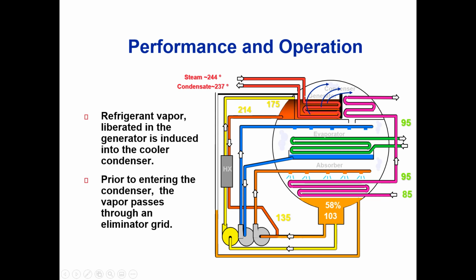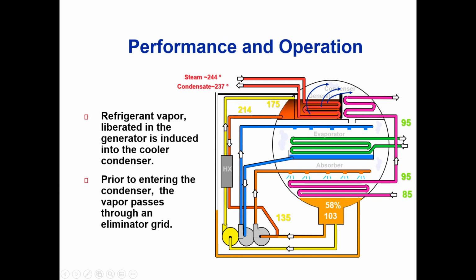And so when we put the heat to it, the water boils off, and we get water vapor coming over to the condenser side. When that water vapor hits the outside of these condenser tubes, which have cooling tower water flowing through them at roughly 100 degrees Fahrenheit, it condenses into the liquid stage.